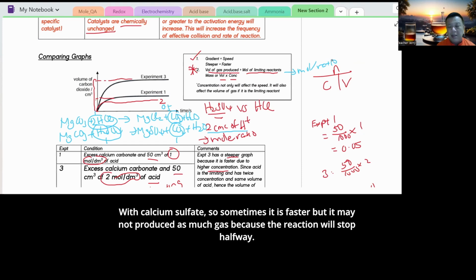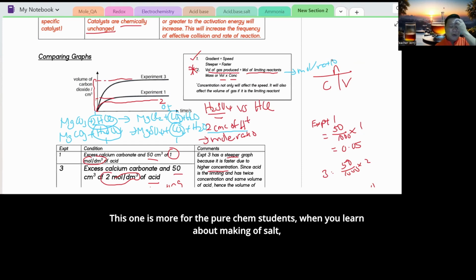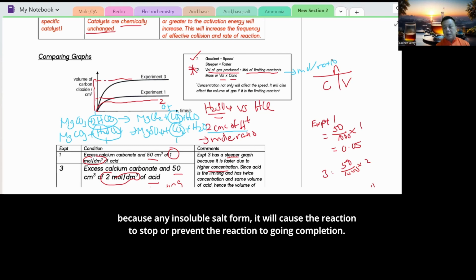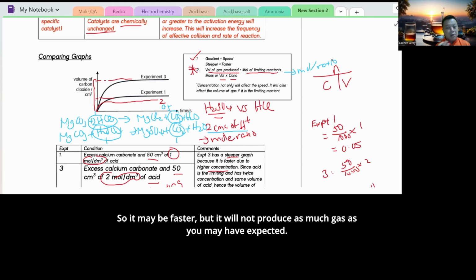So it is faster, but it may not produce as much gas because the reaction will stop halfway. This is more for the pure chem students where you learn about making of salts. So you have to be aware if any insoluble salt forms, because it will prevent the reaction from going to completion. So it may be faster, but it will not produce as much gas as you may have expected.